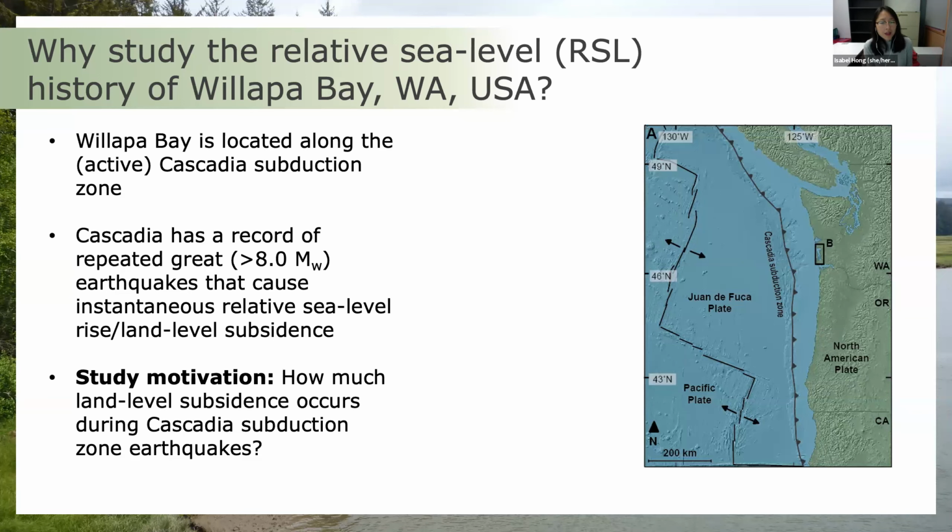And so this led to my overall study motivation, which is to see how we can develop diatoms as a proxy that will allow us to reconstruct land level change during these past Cascadia subduction zone earthquakes.